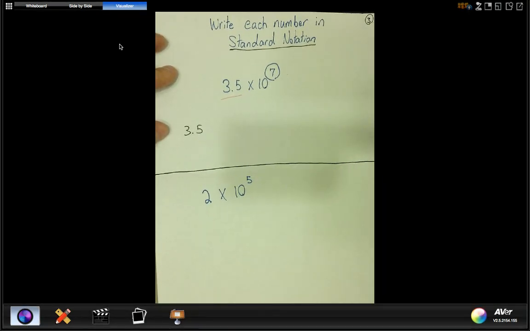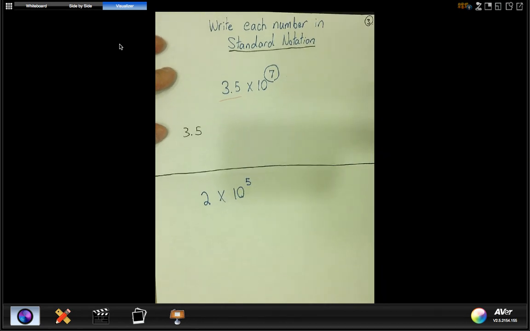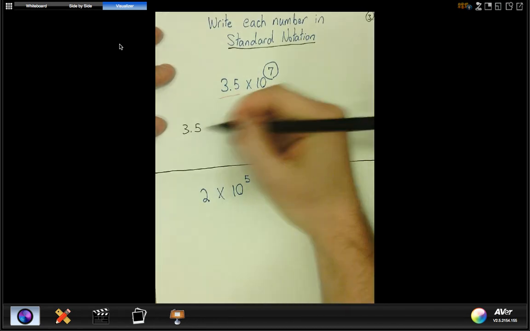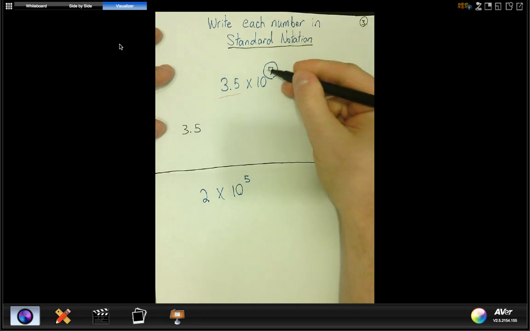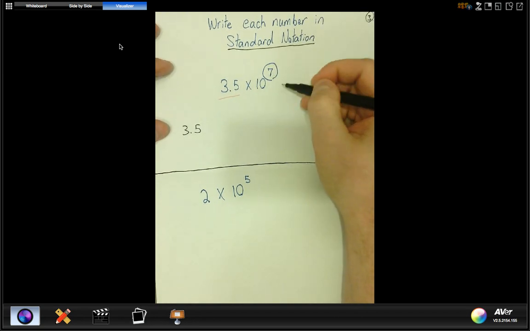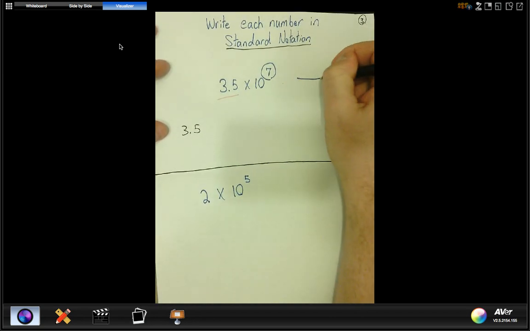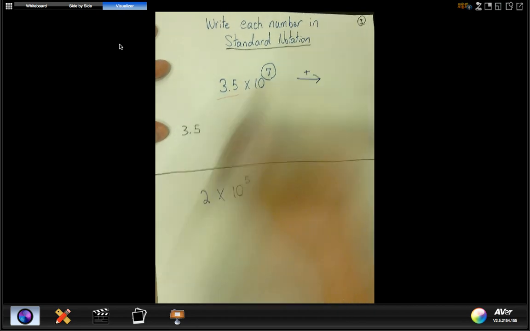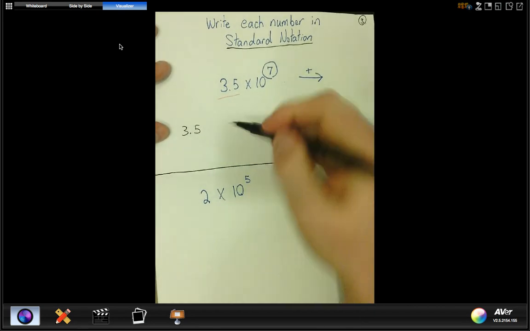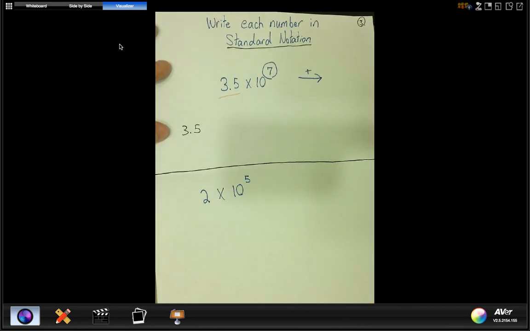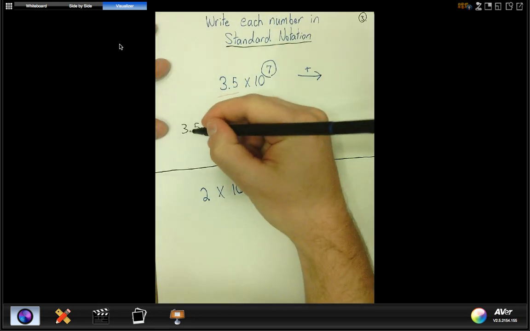We do that with these big loops and points. So I see a 7. It's a positive 7, so I know it has to go to the right. Positive to the right. So I'm going to take that decimal point and go to the right and hopefully make a really big number here.